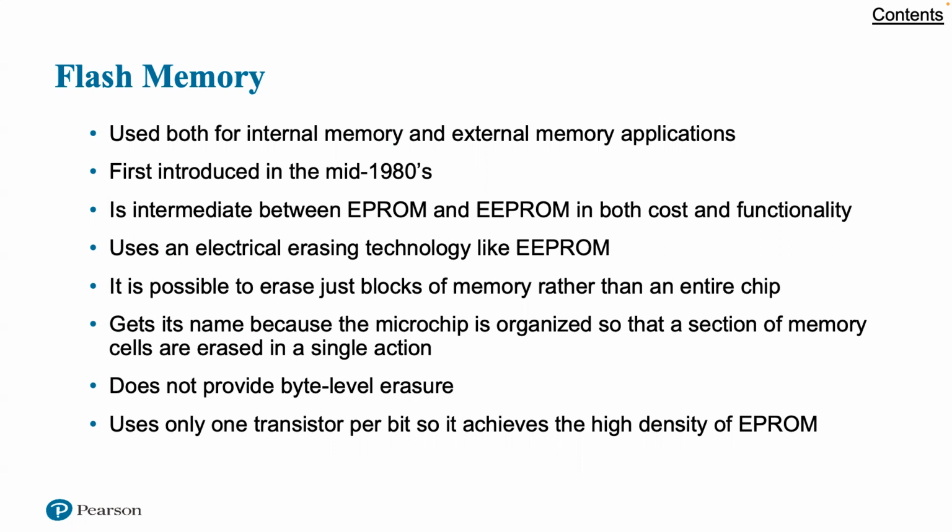Flash memory gets its name because the microchip is organized so that a section of the memory cells are erased in a single action, or flash. However, flash memory does not provide byte-level erasure. Like EPROM, flash memory uses only one transistor per bit, and so achieves high density as compared with EEPROM.